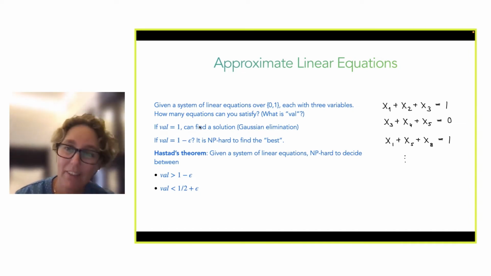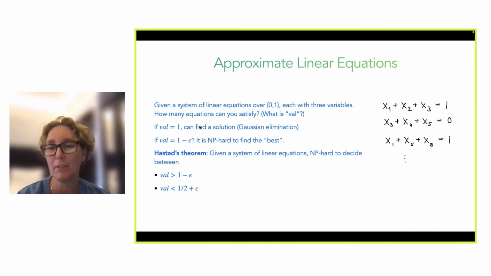Okay, I find this an amazing theorem. It means that really the random assignment, which will satisfy half of the equations trivially, is really the best you can do. So it shows that this problem is not only NP-hard to compute, it's really NP-hard in the most robust way possible.